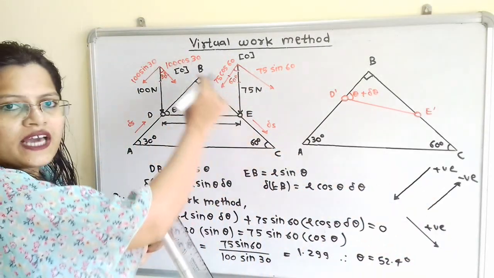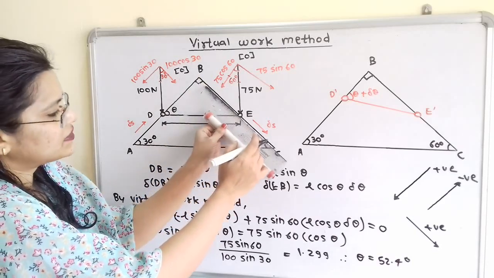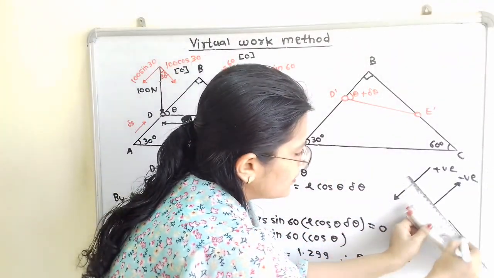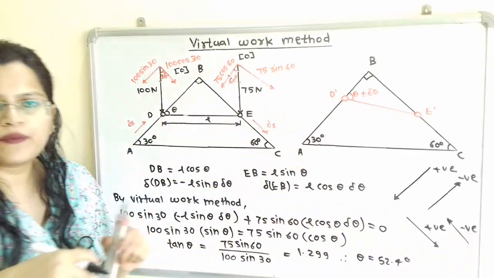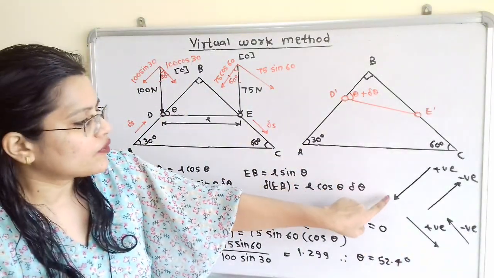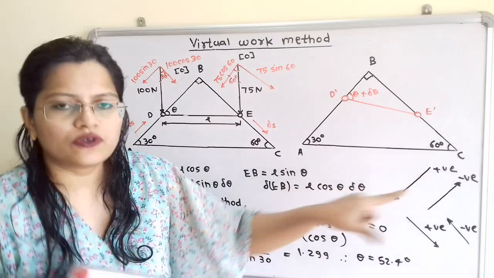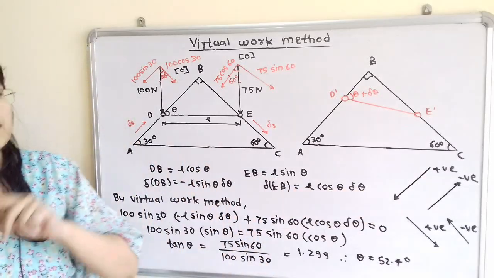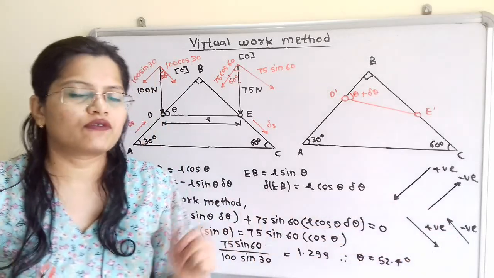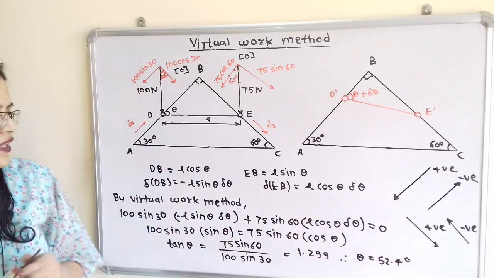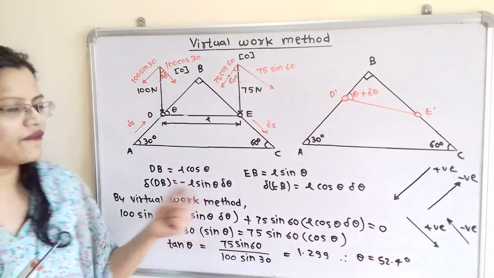And those which are in the opposite direction, that is in the upward direction, we will use negative sign. So this is the important sign convention. So for downward direction we can either use positive or negative, but for the opposite direction we have to use the opposite sign.